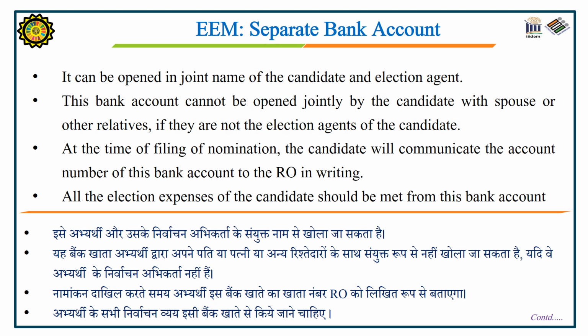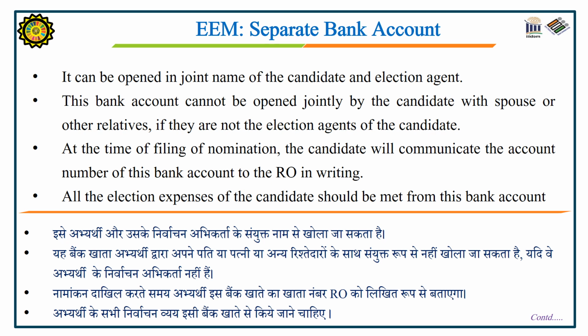It can be opened in the joint name of the candidate and election agent. This bank account cannot be opened jointly by the candidate with the spouse or other relatives if they are not the election agents of the candidate. At the time of filing of nomination, the candidate will communicate the account number of this bank account to the returning officer in writing.